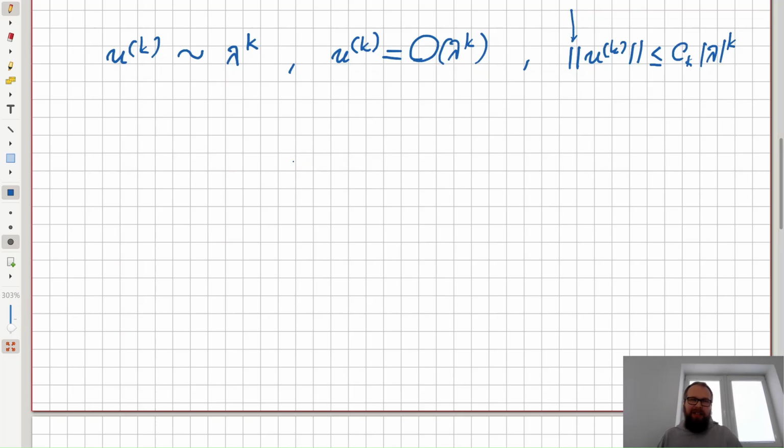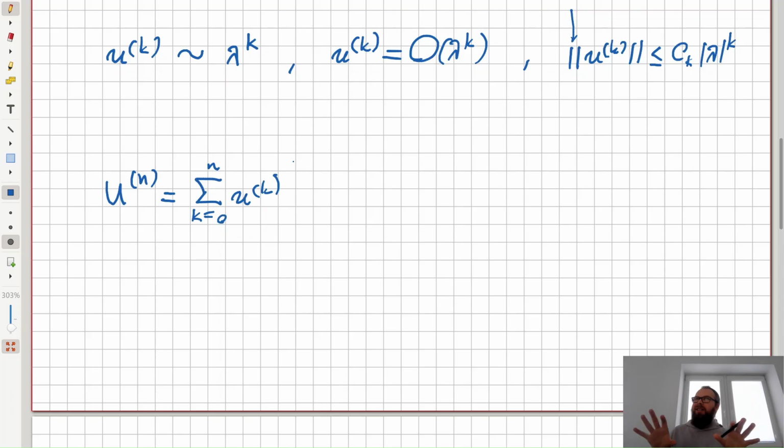So the assumption is that, for example, let me define capital U, which is a partial sum of our terms.